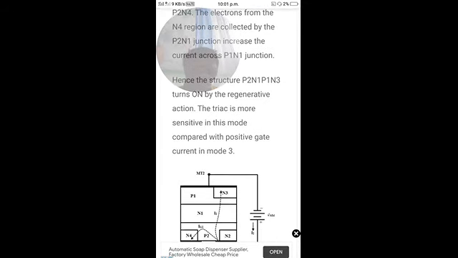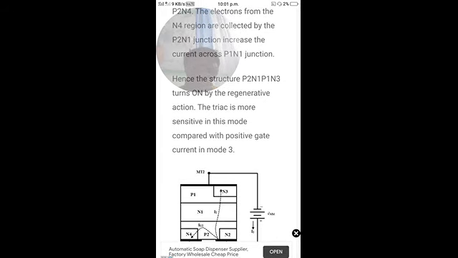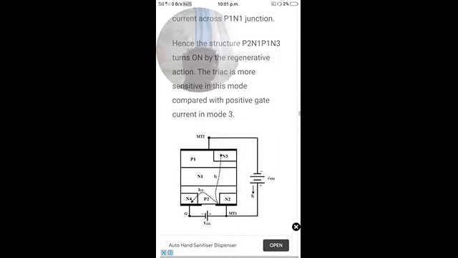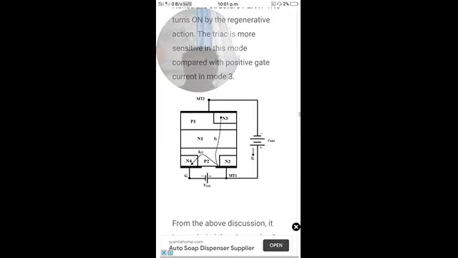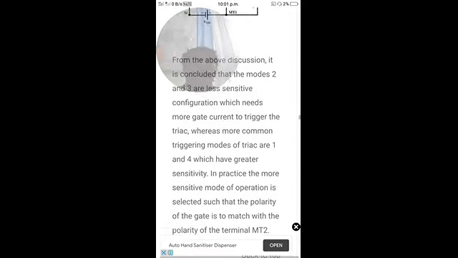Conduction will happen through P2, N1, P1, N3. Electrons are moving from top to bottom, so the current will flow from bottom to top. This is the opposite operation.